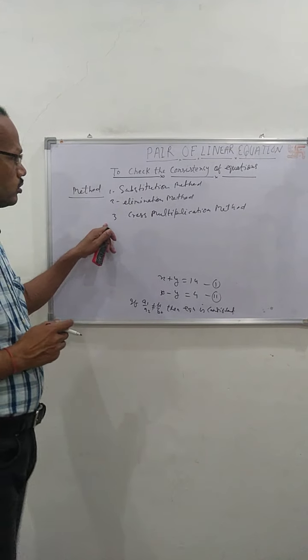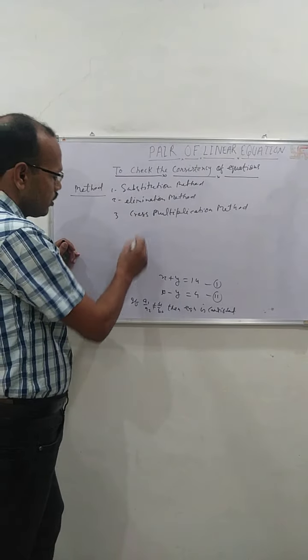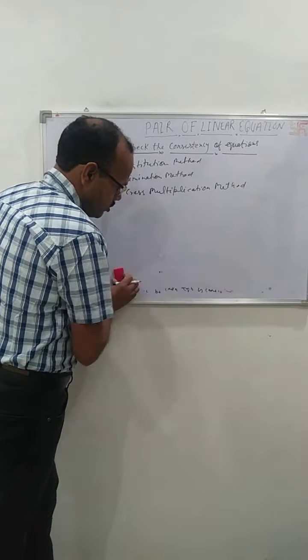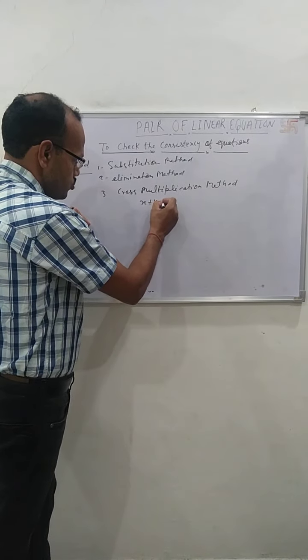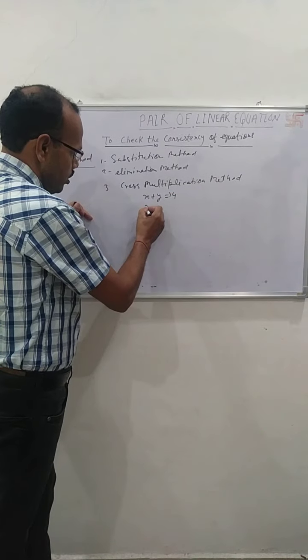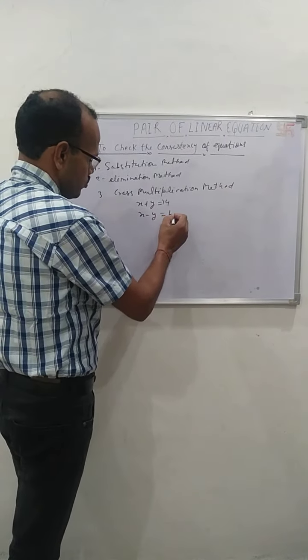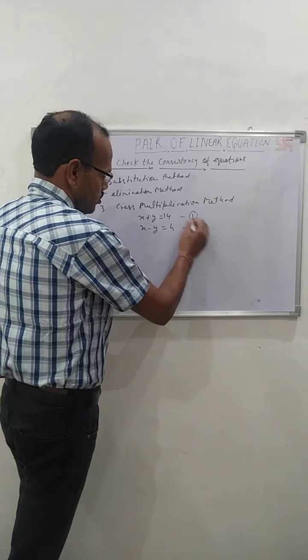So first we clarify the substitution method. For that we take these two equations again: x plus y is equal to 14 and x minus y is equal to 4. This is the first equation, this is the second.